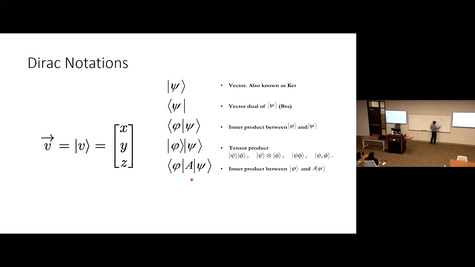If this is 1 by 3, and in the middle you have a 3 by 3 matrix, then here you have a 3 by 1. So this operation will be valid, and we can do the computation.